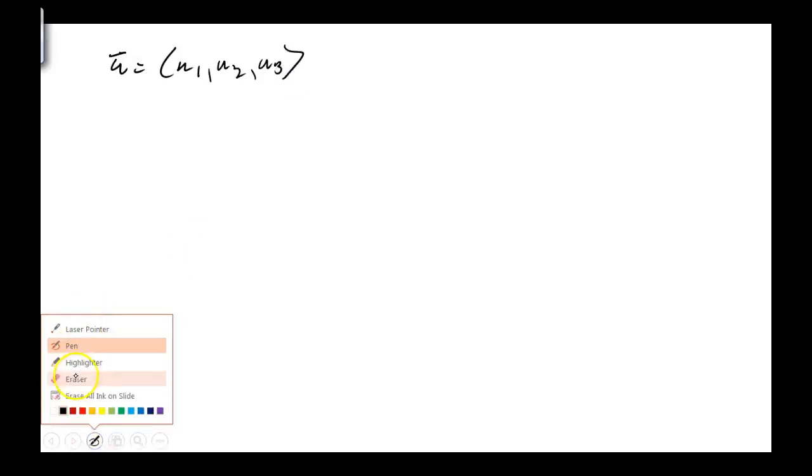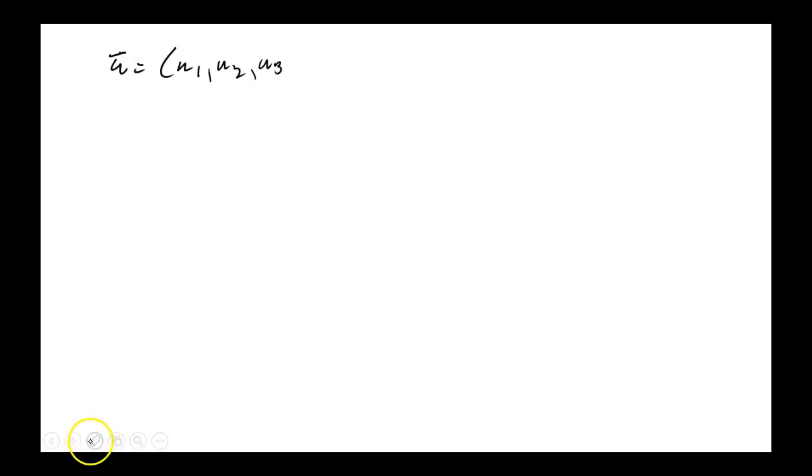Show that the following function is not an inner product space on R3, where U is equal to U1, U2, U3, and V is V1, V2, V3.